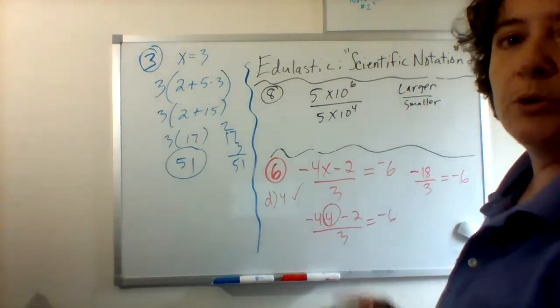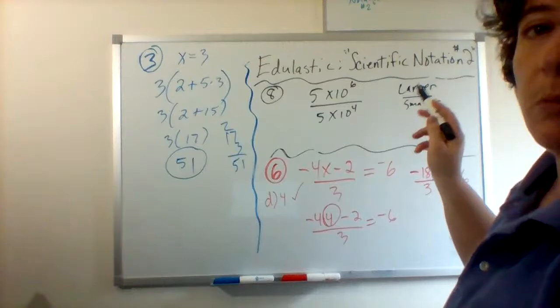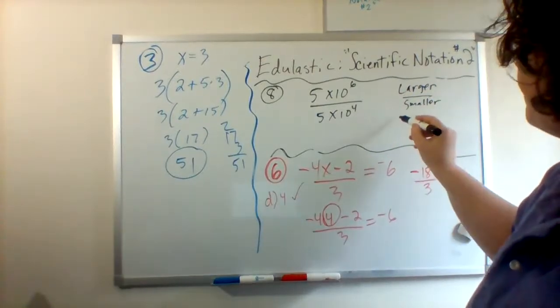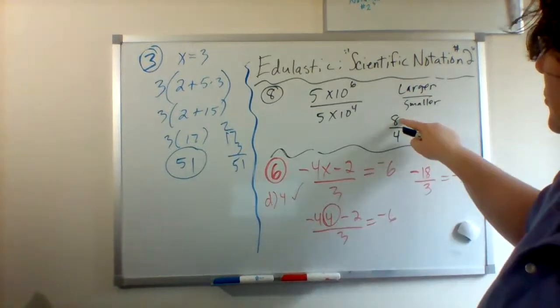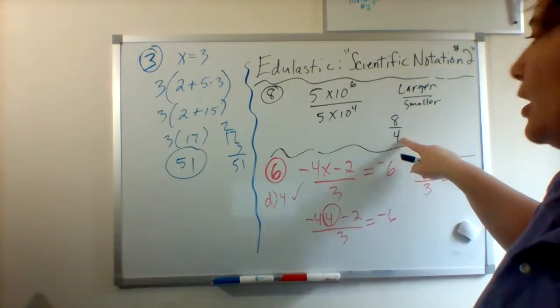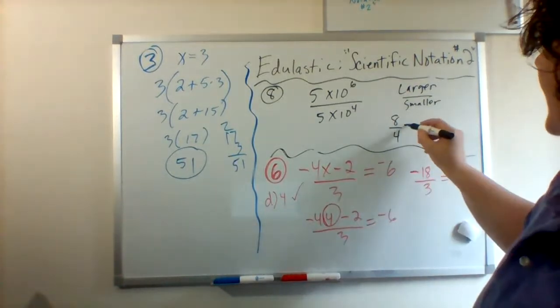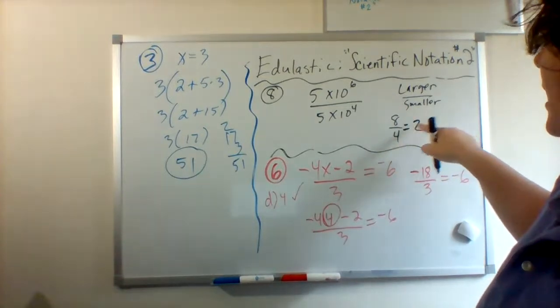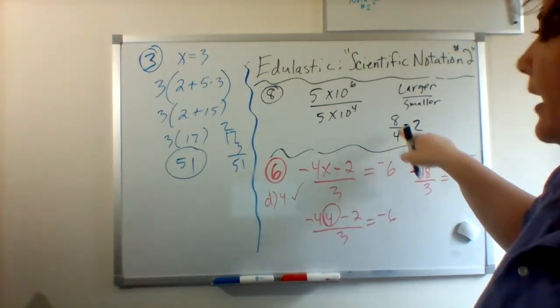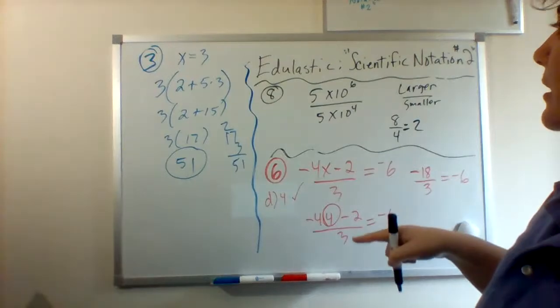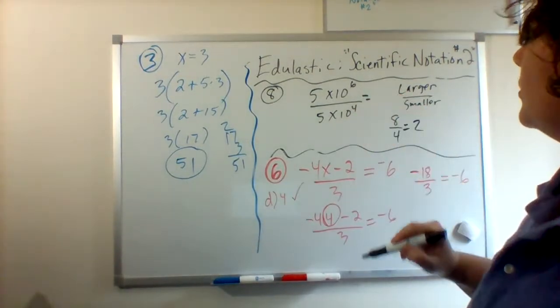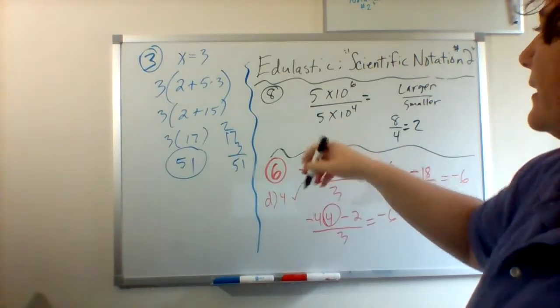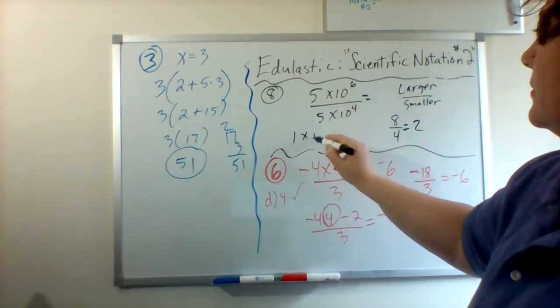So for example, when I did the warm-up, I gave the example, if you divide 8 by 4, this is the larger number, this is the smaller number. So now I know that 8 is 2 times larger than 4, right? So we're going to do the same thing with the scientific notation. What does this equal? Well, 5 divided by 5 is 1.